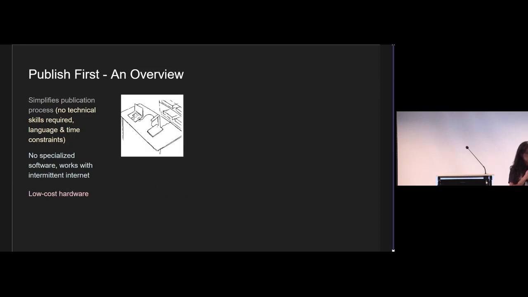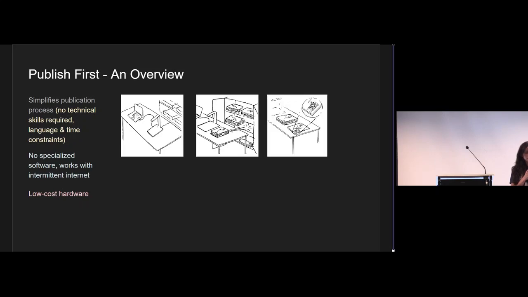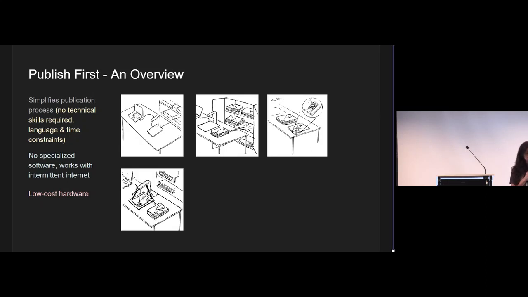So the workflow from the user's perspective looks like this. They take their laptop, they plug and play their document scanner, they plug their scanner in, they get some specimens and stick identification labels on their specimens.